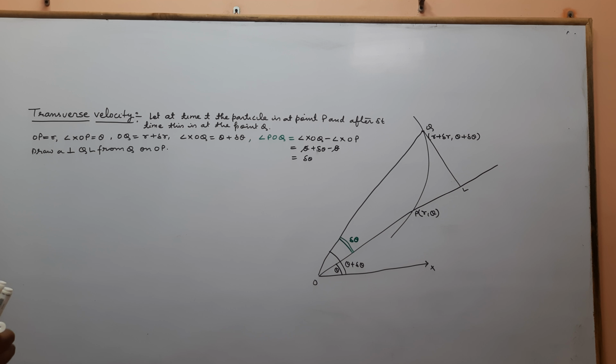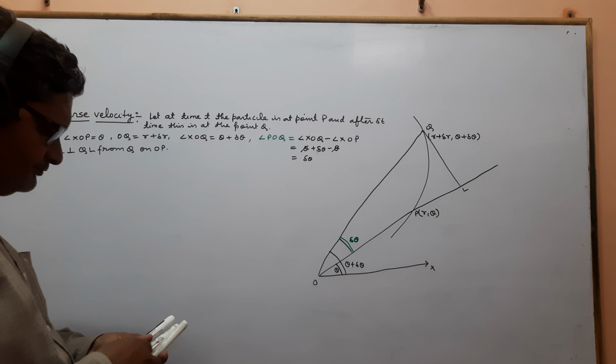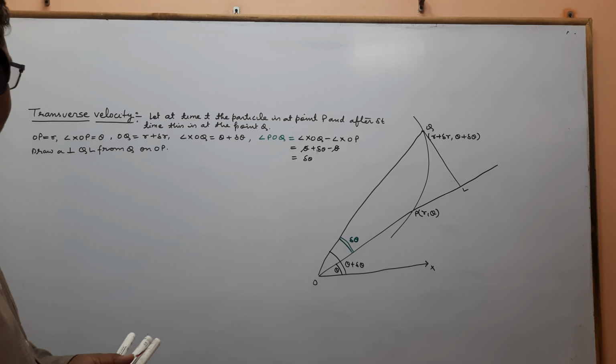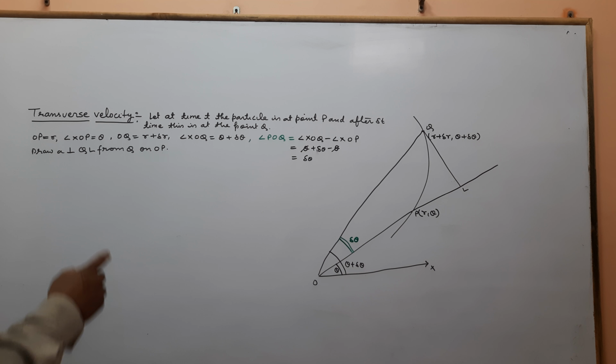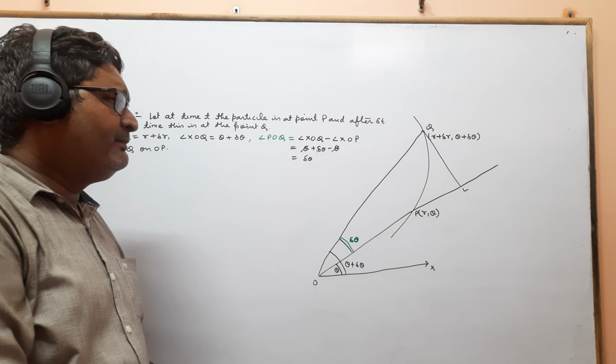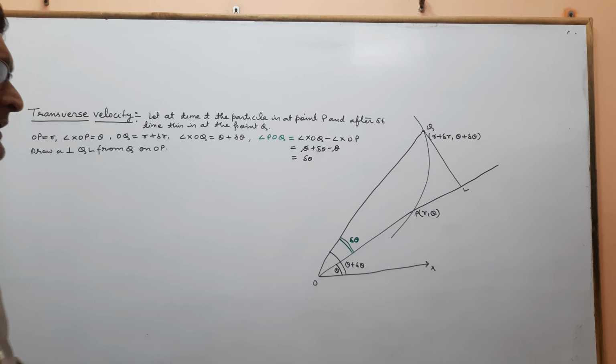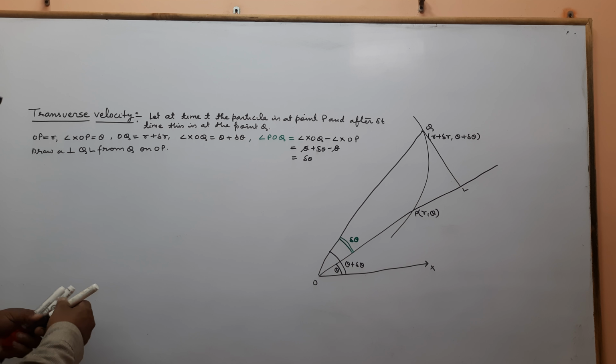So here we find the transverse velocity, and we know that the transverse velocity is the component of velocity perpendicular to the radius vector.